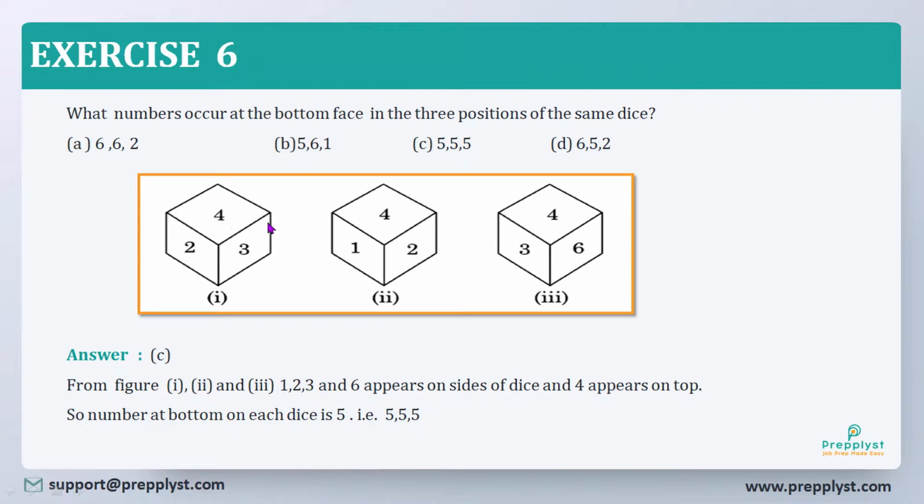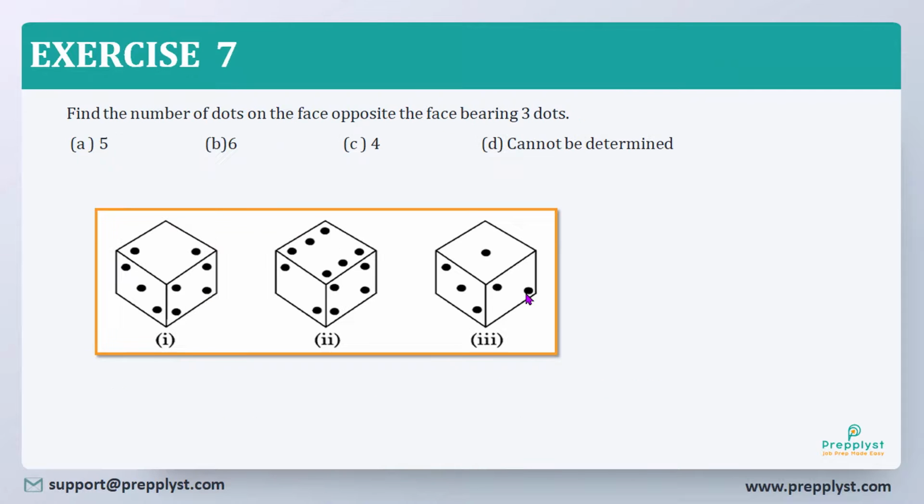Since all the 3 positions have 4 on the top, that means 5 is going to be on the bottom of the dice in all the 3 positions. So the number that occurs at the bottom face in the 3 positions of the same dice in the 3 diagrams is 5, 5, 5, which is option C. Now let's look at question 7.